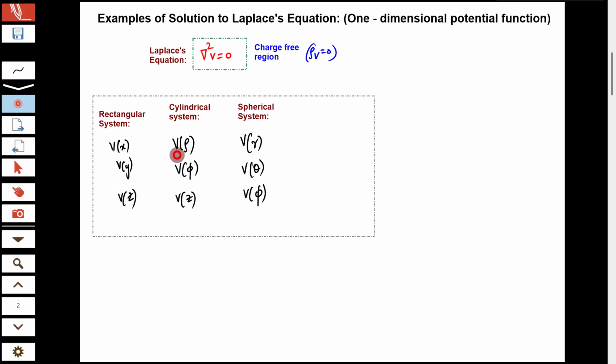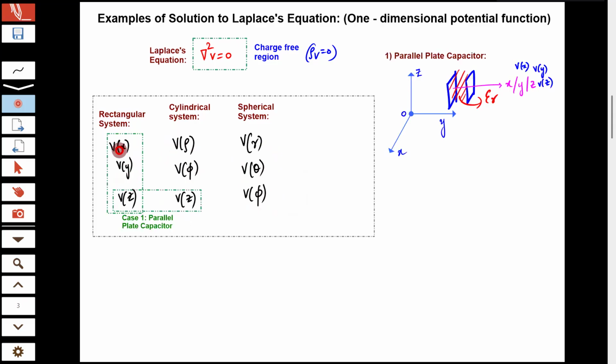In the cylindrical system, V can be taken as a function of rho or phi or z. And in the spherical system, V can be taken as a function of only r, only theta, or only phi. So these are the functions of only x, only y, only z, only rho, only phi, only z.